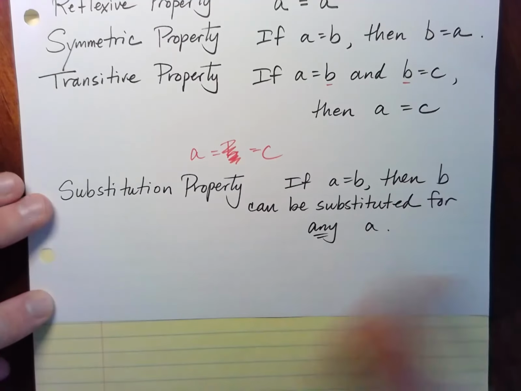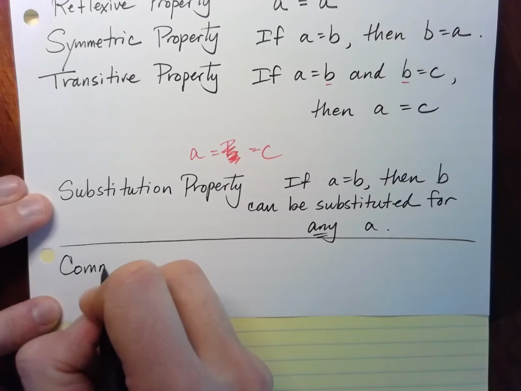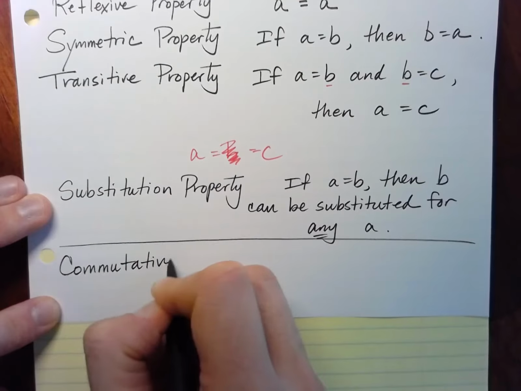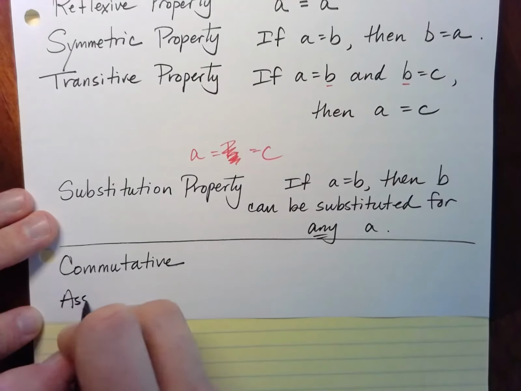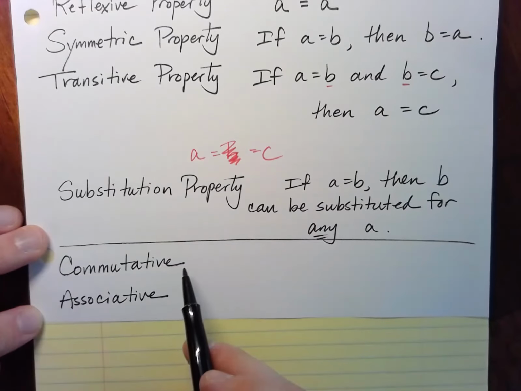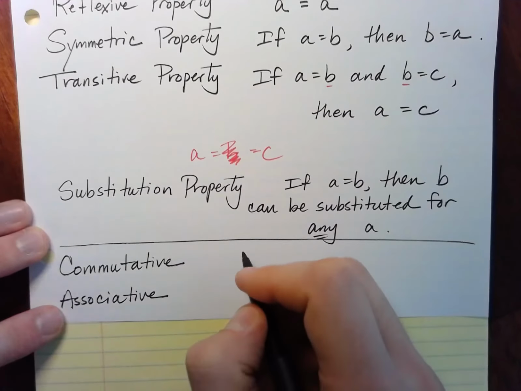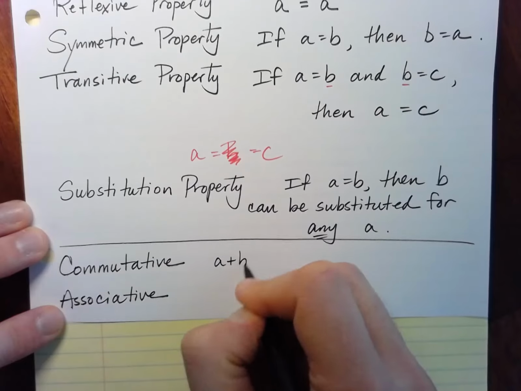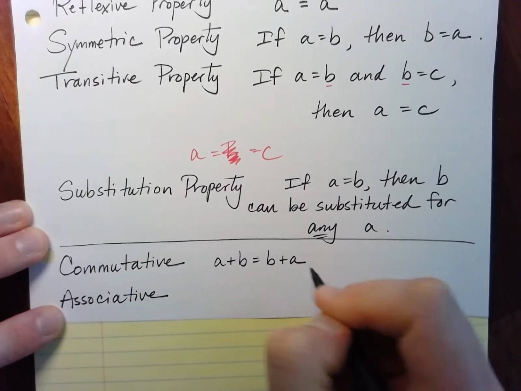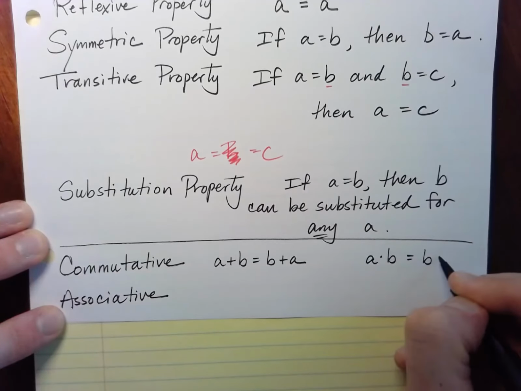Now, we're going to talk about the commutative property, and we're going to talk about the associative property. These are probably two of the most important ones to really remember in algebra, and these are ones that you have not seen before. The commutative property says that a plus b equals b plus a, and it says that a times b equals b times a.